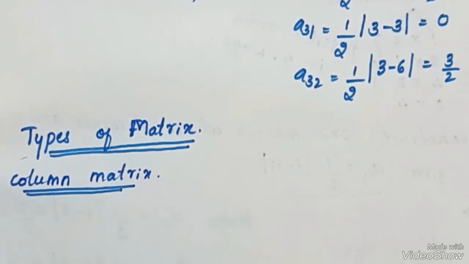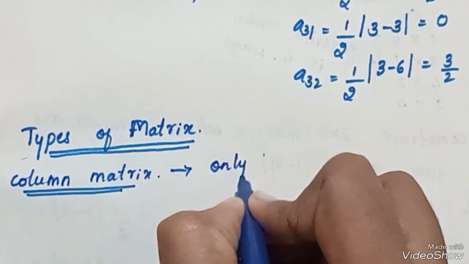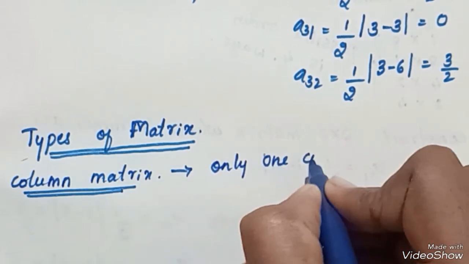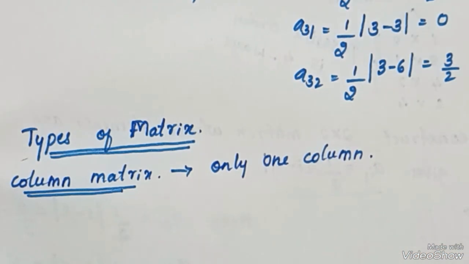Generally, what we say is that a column matrix has only one column. A matrix is said to be a column matrix if it has only one column.